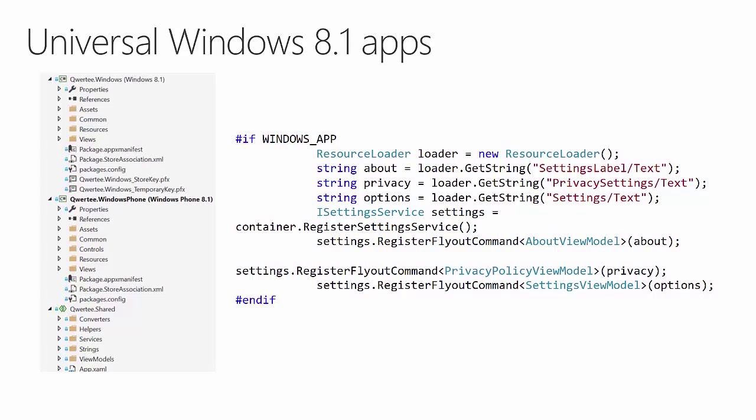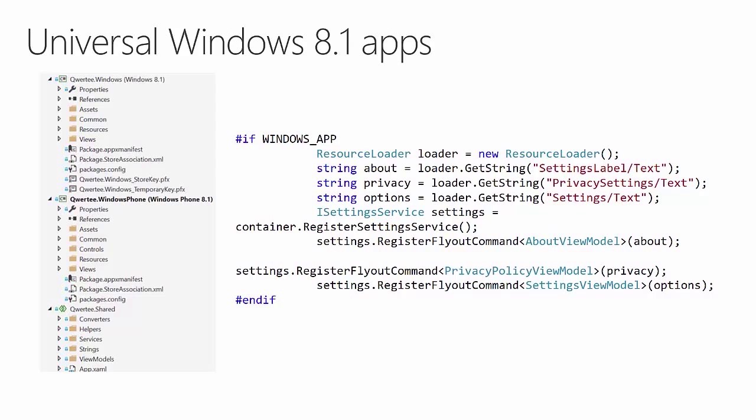When you have to deal with code that runs only on one of the 2 platforms, you have to use conditional compilation, which means that the code defined into a conditional compilation block is compiled only if you are building the package for one specific platform. In this slide you can see an example.